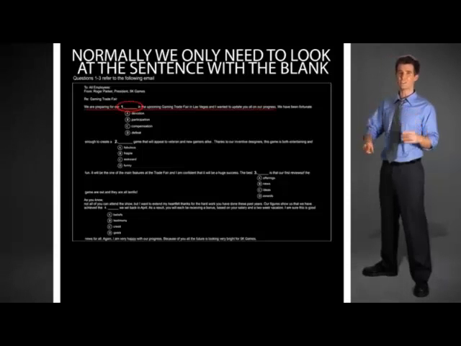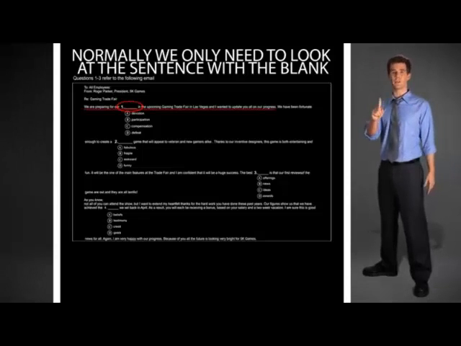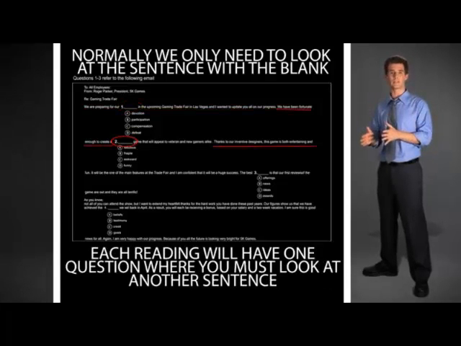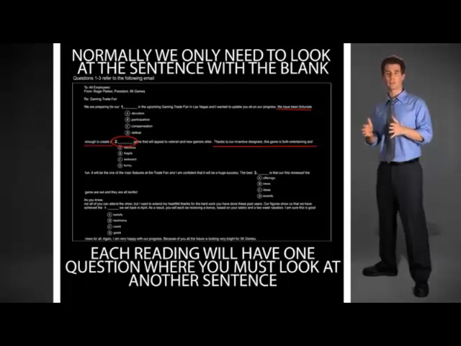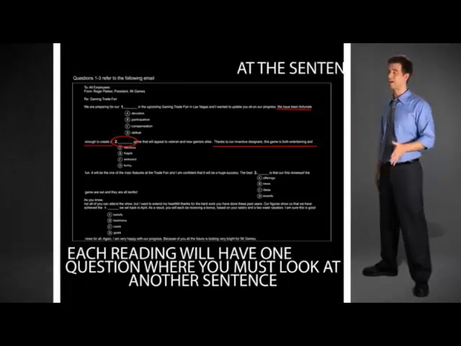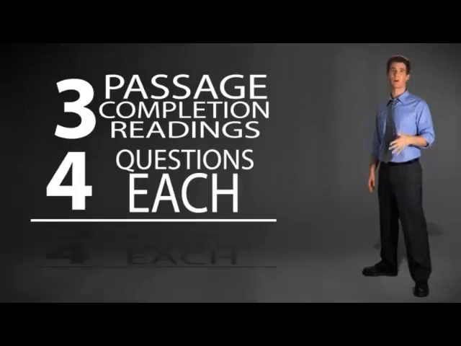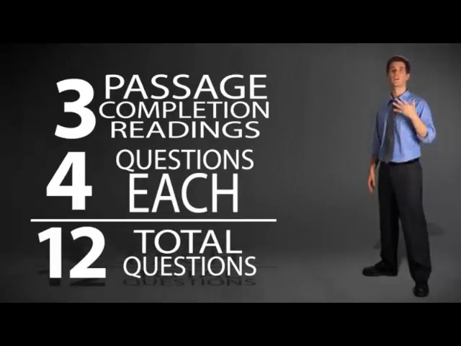But for each reading, there will be one question where we must look at another sentence to answer it. Usually the sentence before or after. Now we have 3 passage completion readings for the whole section, 4 questions each, so there are 12 questions total.